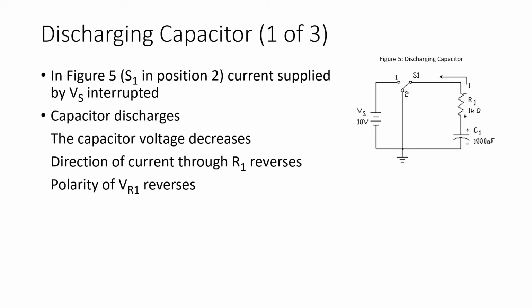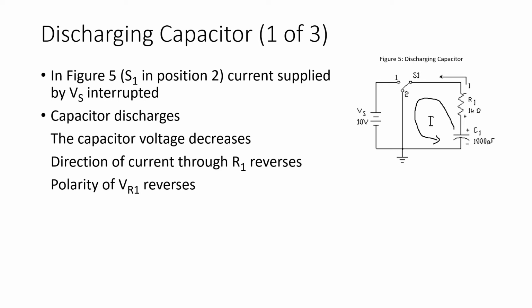And when the capacitor discharges, the capacitor is the source of voltage for the circuit. So current is now going to flow this way through the circuit as the capacitor discharges. And again, think of the capacitor as being the source of voltage for the circuit.